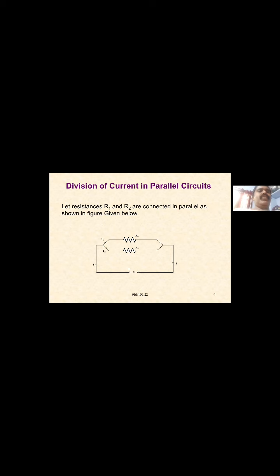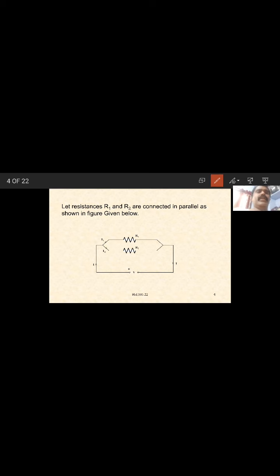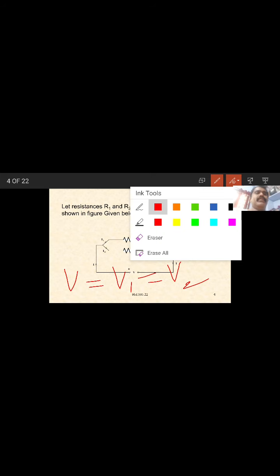According to Ohm's law, I is equal to V by R. Since the two resistors are in parallel, the voltage is equal: V is equal to V1 is equal to V2. Now V is equal to IR, and V1 is equal to I1 into R1.